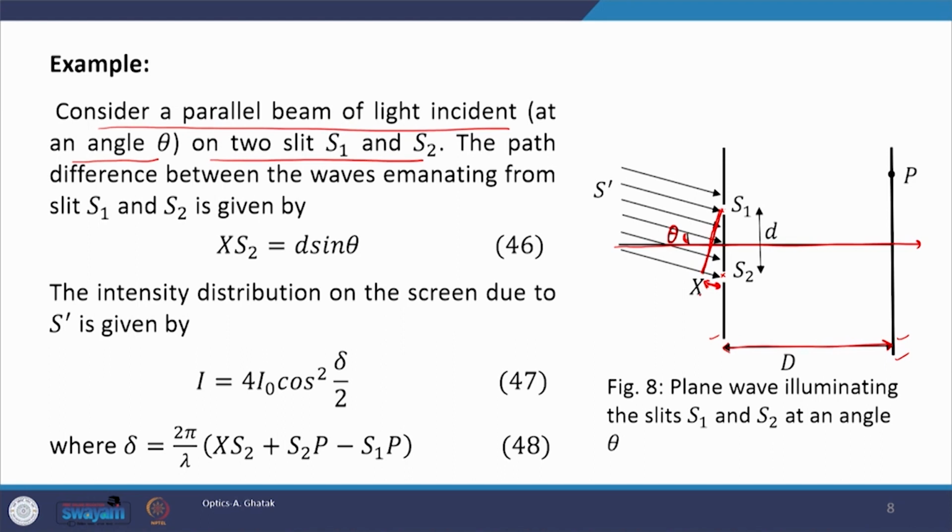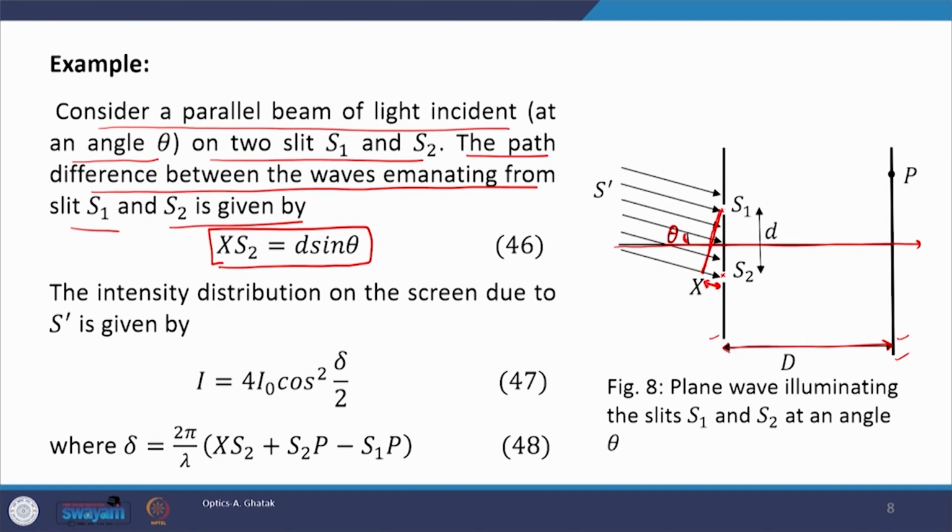Therefore, the path difference between the waves emanating from slits S1 and S2 is XS2, which is equal to d sin theta. What is d? d is the separation between the two sources S1 and S2, and theta is the angle which the incident light makes with the horizontal.